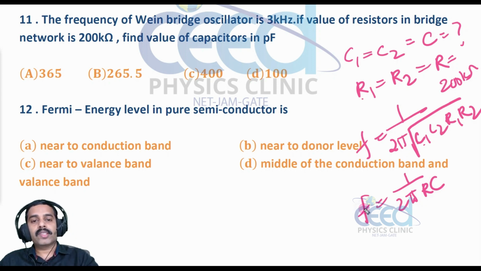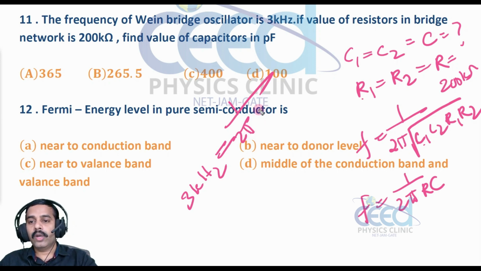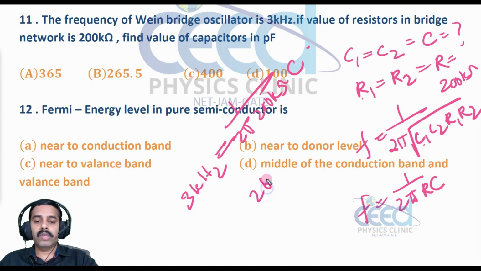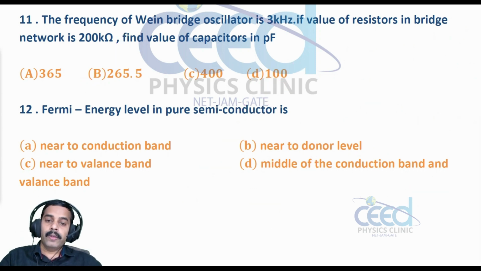So here the frequency is given, that is 3 kilohertz, equal to 1 by 2 pi into R, where R is given as 200 kilo ohm, and C we need to find. Now you can solve this, right? C you can solve, then you will get 264.5 picofarad, right? So option B is correct.